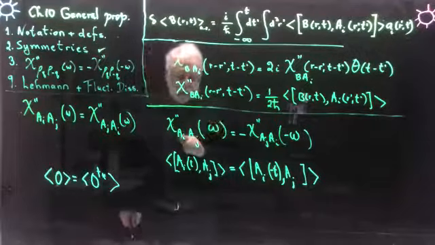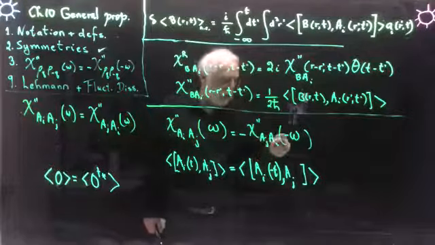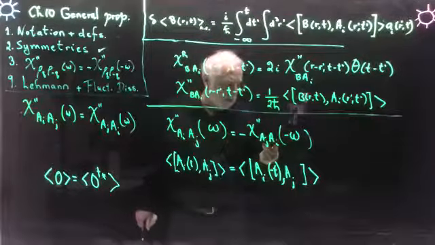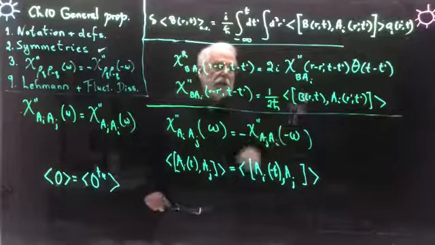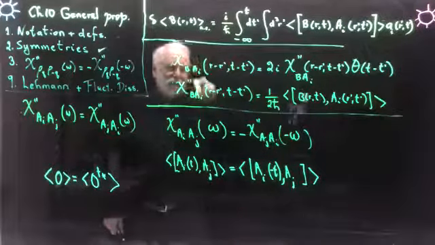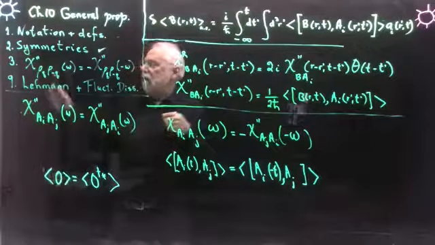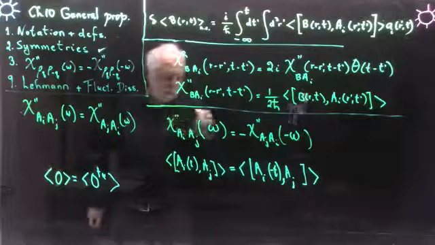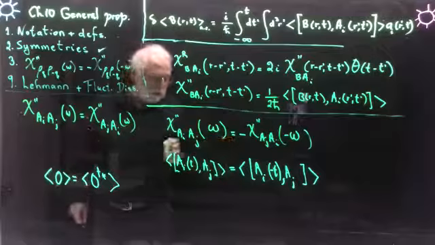Here I have chi double prime of AI, AJ of omega equals minus chi double prime of AJ, AI of minus omega. But now using this result, I can put this back where it was. So I find that this chi double prime is an odd function of frequency, which we needed, remember, for positivity of dissipation. So that's a special case. I get the Fourier transform of the density and the Fourier transform of Q and minus Q, and that's a special case of combining these two results.